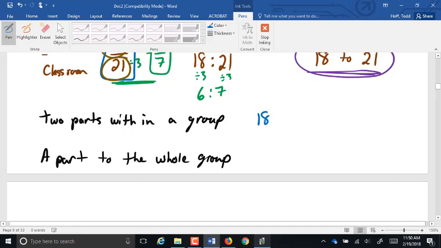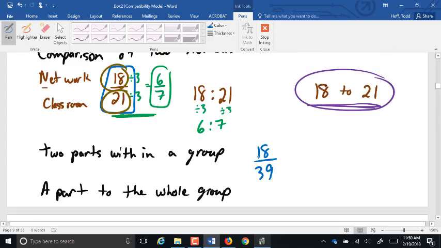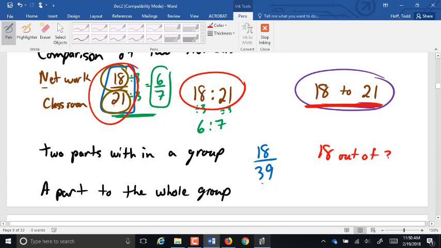And that would have been 18 on the network to 39. Notice that adds up. 18 plus 21 gives me the 39. That's my total. Now, that would be expressed the same way as a fraction or with a colon, but if I were to do it here, rather than saying 18 to 39, I would say 18 out of 39.